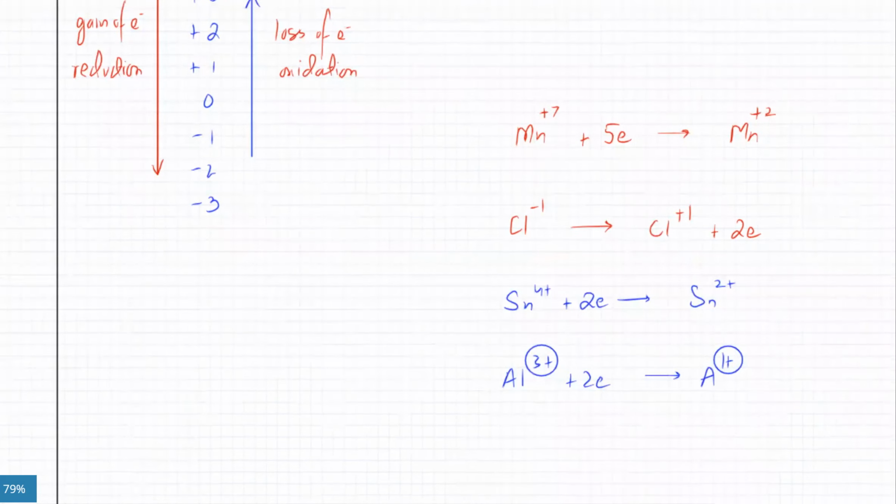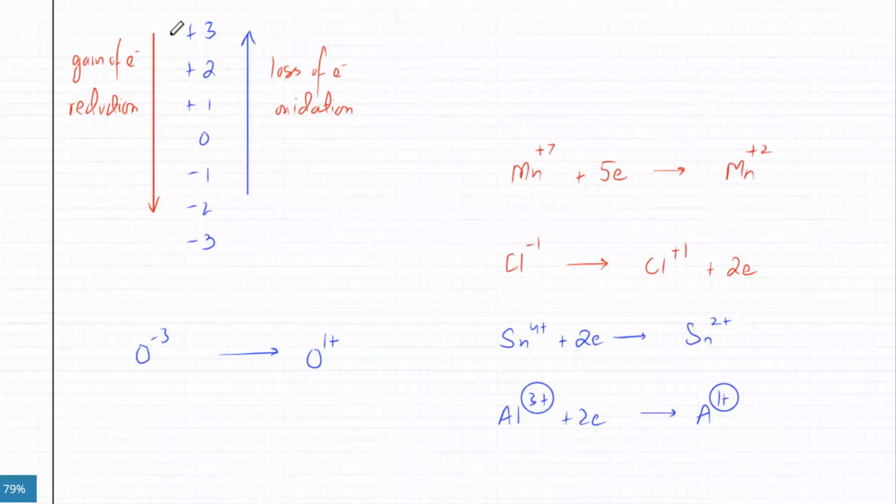Let's do a few more. If you've got oxygen, which is -3, and now you've got oxygen, which is 1+. What happened here? Oxidation or reduction? Reduction. With reduction, you're going down.